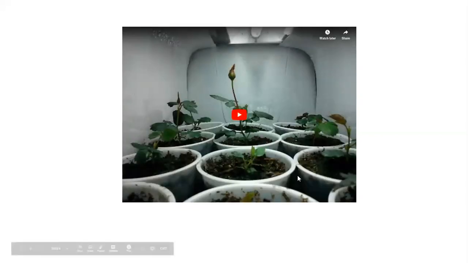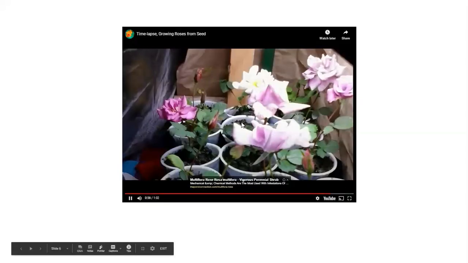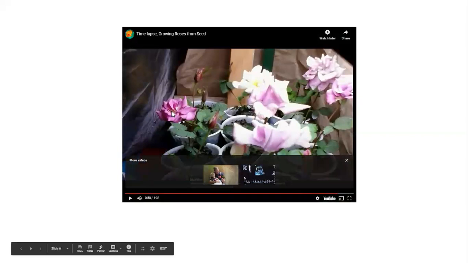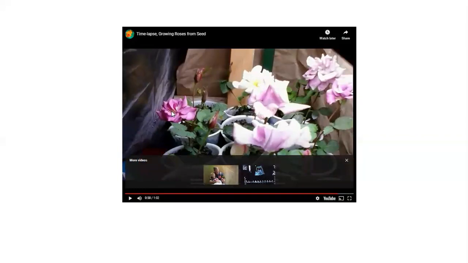So as you can see at the end of the video, when I pause right here, now they have grown flowers. And the flowers are going to get pollinated by bees and other insects or blown away by wind, and then it's going to create more roses.